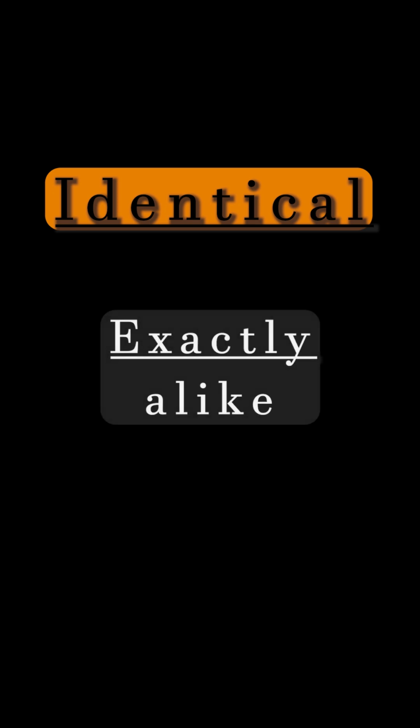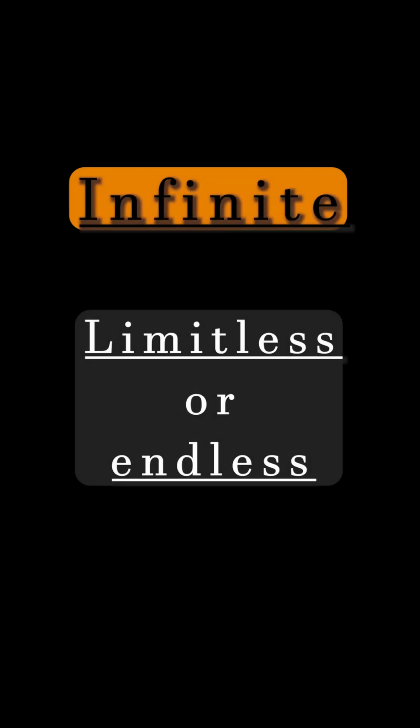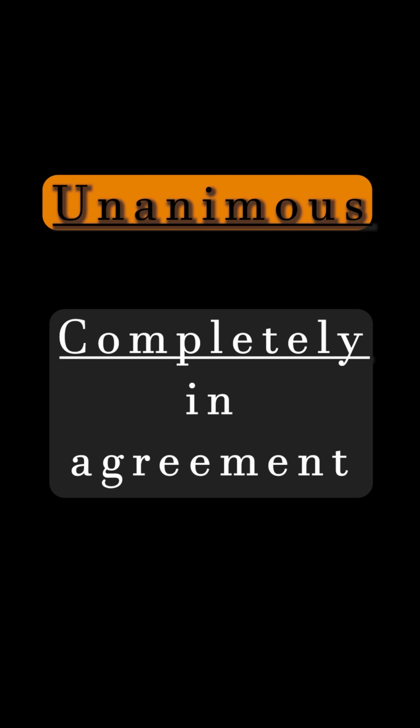Identical, exactly alike. Infinite, which means limitless, endless. And unanimous, which means fully or completely in agreement with something else. These are typical absolute words that when you use them in a sentence, you don't put modifiers in front of them, and you can't compare these meanings of these words with more than just one thing.